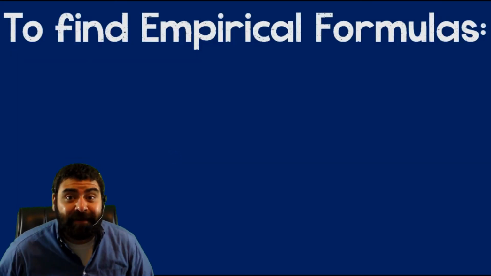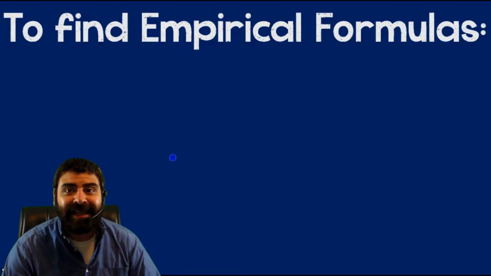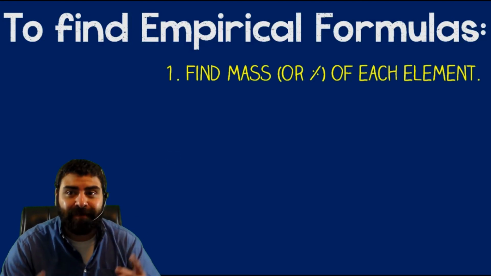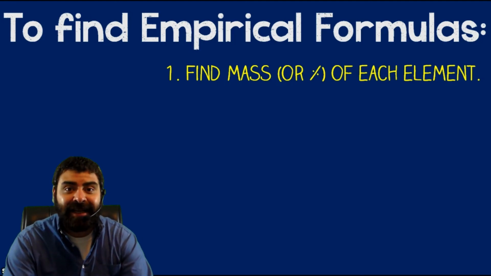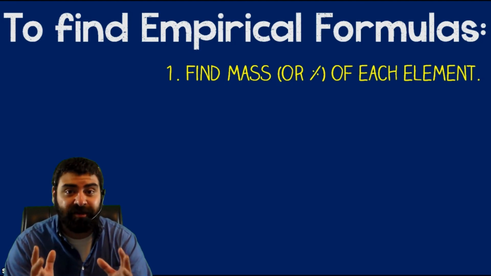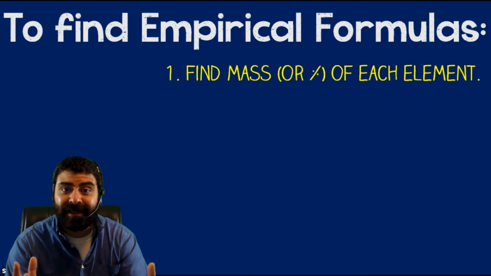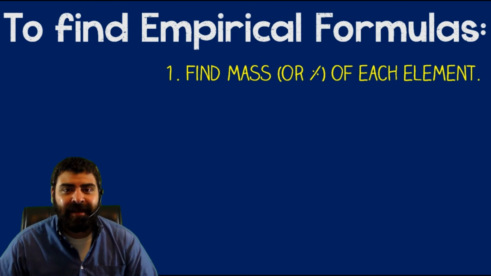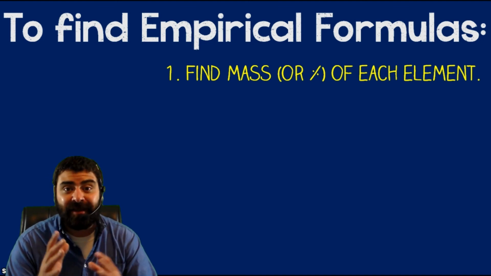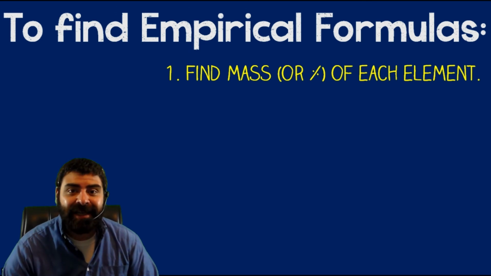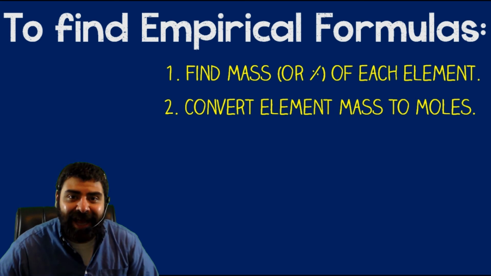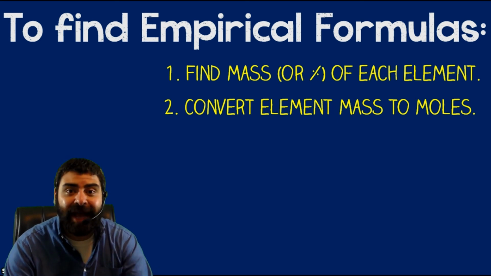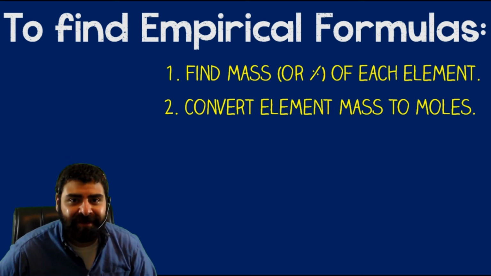So how do you find empirical formulas? Well, step 1, you find the mass or percent of each element. Now if they give you a percent, then you just assume you have 100 grams and change the percent to grams. And once you have grams, you will need to take step 2 and convert to moles. To do that, you could use the molar mass from the periodic table.